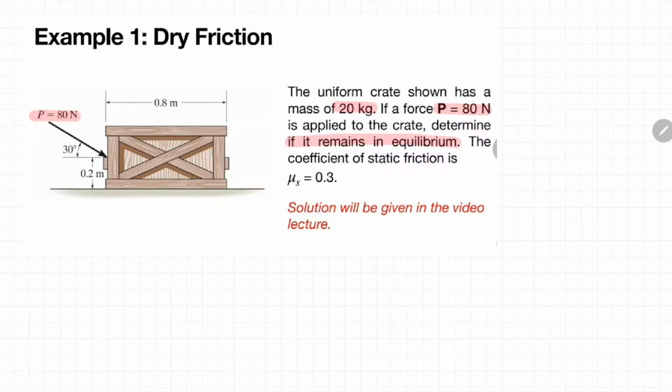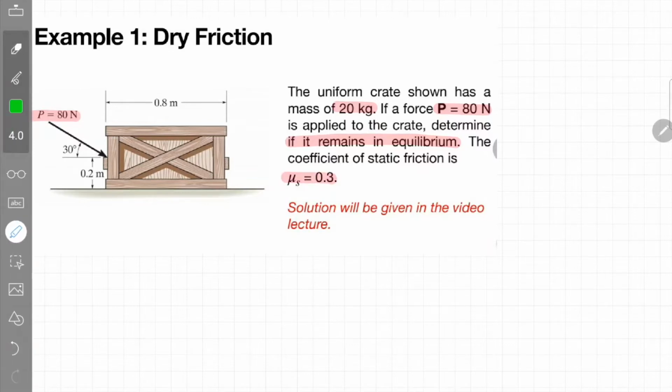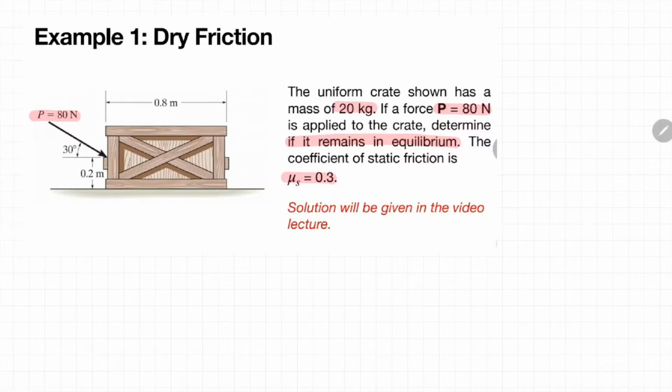Given that the coefficient of static friction is 0.3, the first thing we need to do is, we know there is a weight subjected to the centroid of the crate. So weight is equal to mg, the mass is 20 kilograms, and g, or gravitational acceleration, is 9.81. So you can easily calculate the magnitude of the weight to be 196.2 Newton.